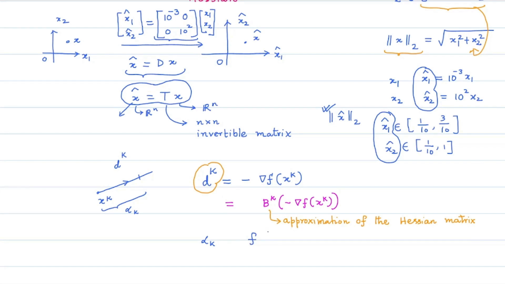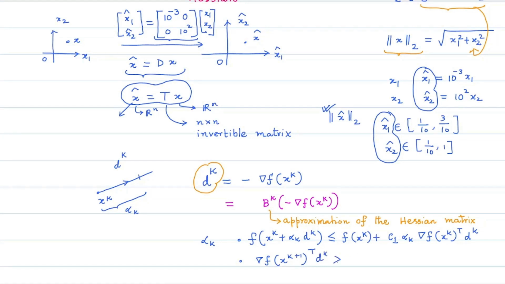For instance, if we go for employing, say, the Armijo rule, or the weak Wolfe rule, that gradient of f at xk plus 1 transpose dk is greater than or equal to c2 times gradient of f at xk transpose dk. Here in the calculation of the step length alpha k, we notice that the value of the function f as well as the gradient of the function f greatly influence the calculation of alpha k.